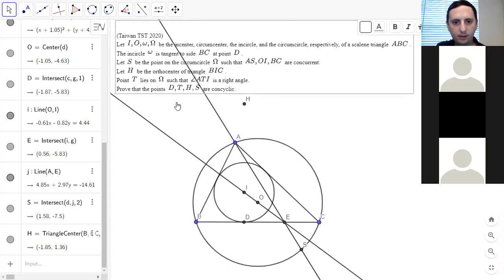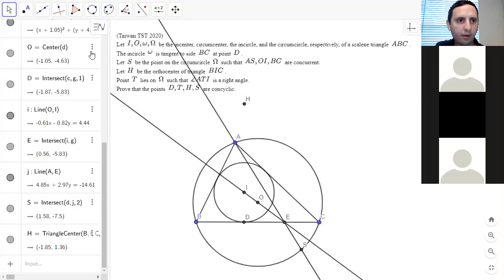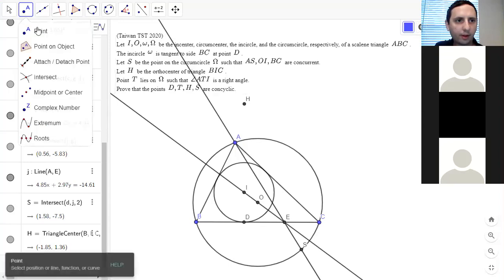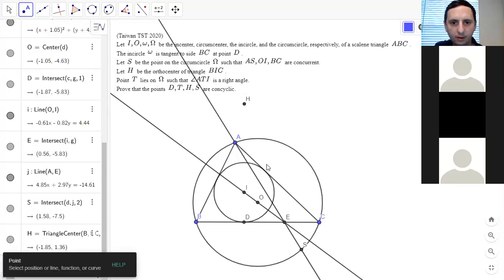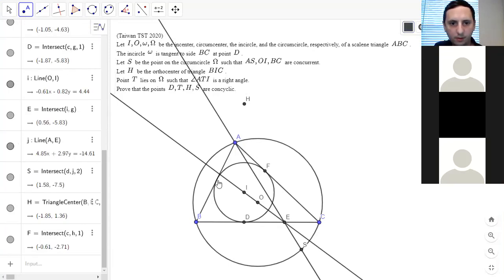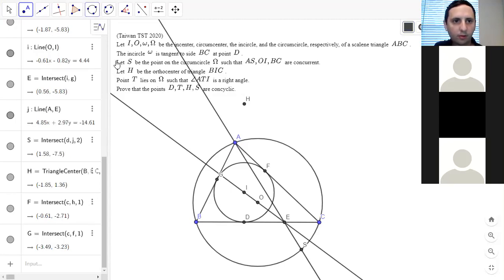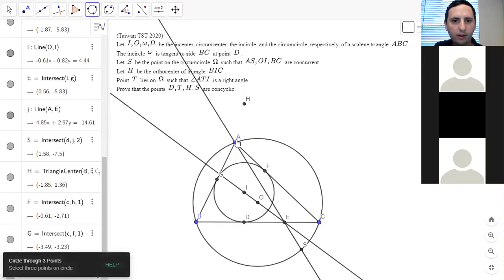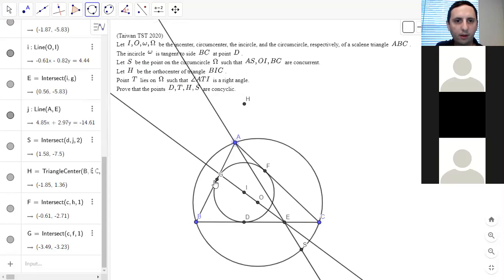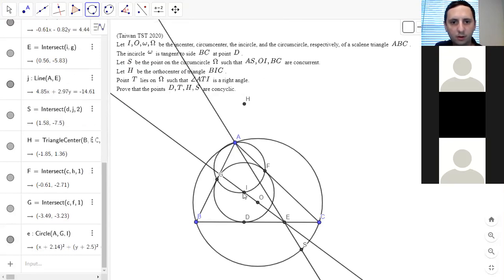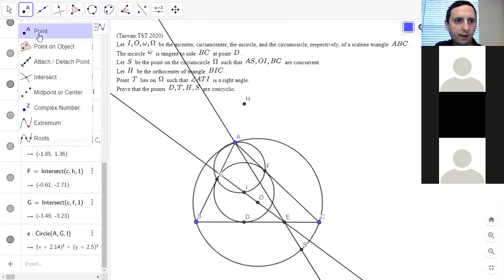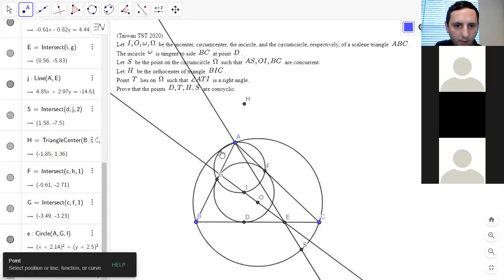And ATI is a right angle. So basically we could draw the circle with diameter AI, right? So this circle, AGIF, and so that's the Sharkydevil point, right?